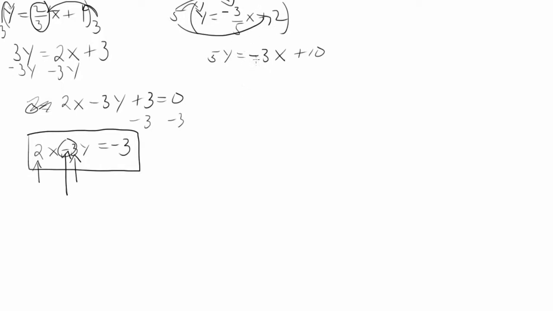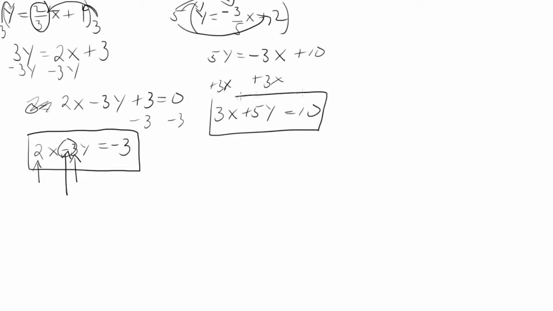Now I just add 3x to both sides, and I have 3x plus 5y on the left is equal to 10. Here's my equation in standard form. Notice the slope was negative 3/5, and I have a 3 in front of the x and a 5 in front of the y, and now the sign is positive.